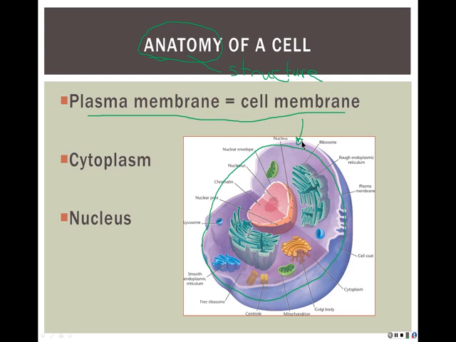Now, I said you might think of it as a shell, but as we're really going to dive into in nice depth next slideshow, we'll see that it's actually made of a phospholipid bilayer. It's got the word lipid in it, and lipid means fat. So it's actually like an oily film of fat with a lot of proteins embedded in it. And so it's actually much more like a soap bubble than a shell.